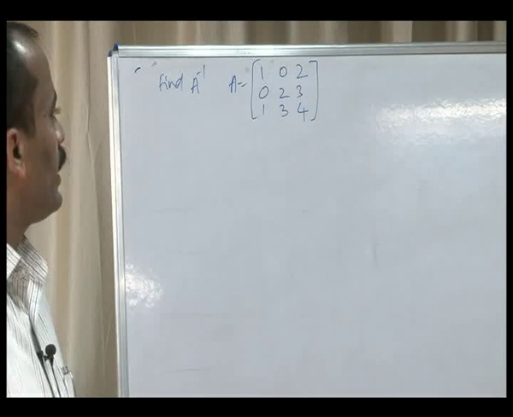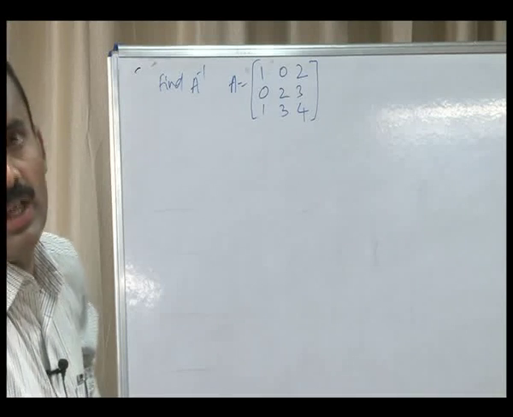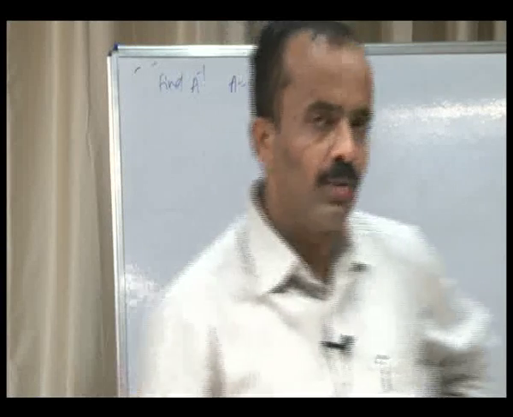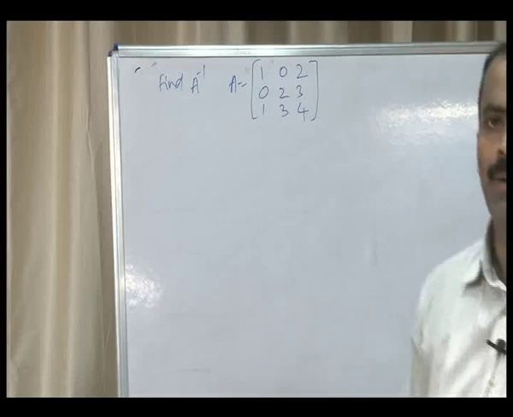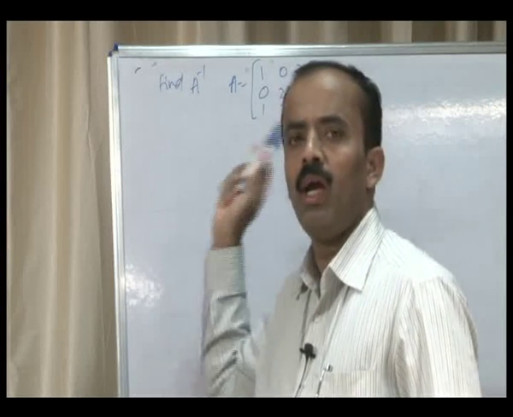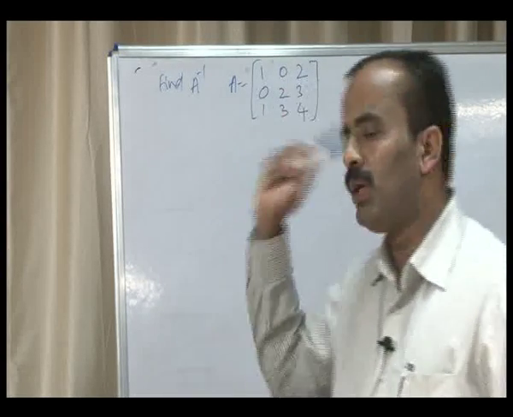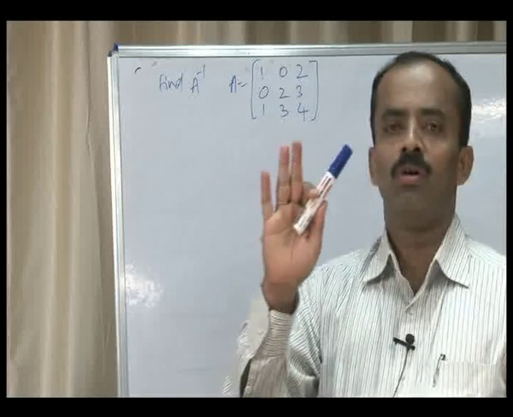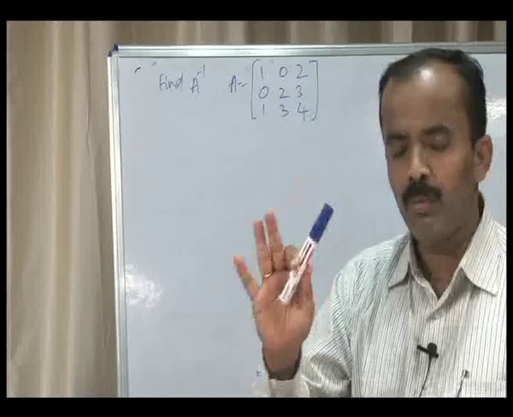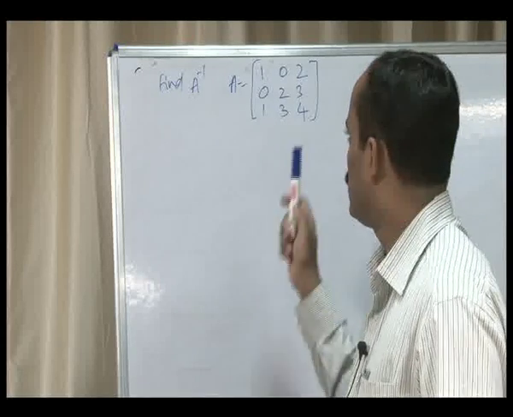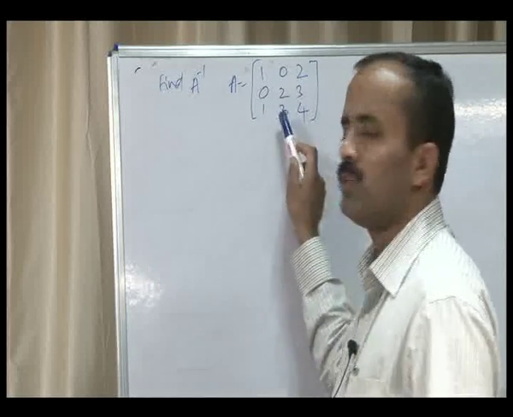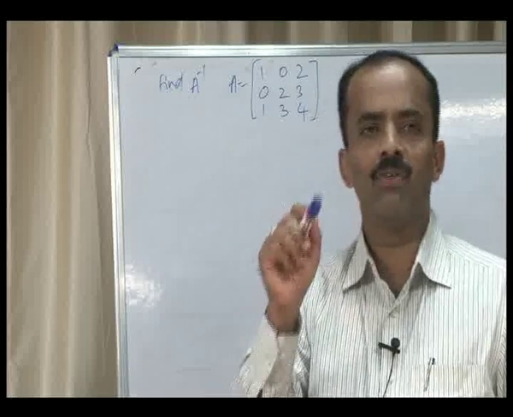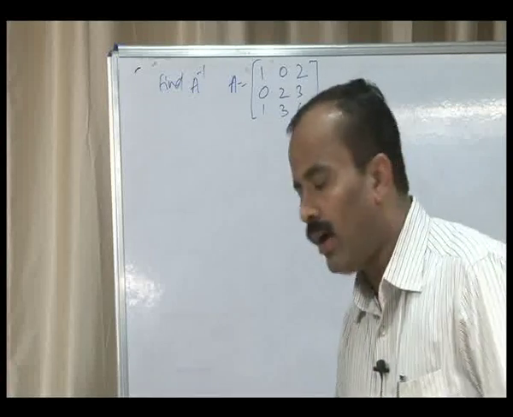See, inverse of the matrix is adjoint A by determinant A, adjoint of a matrix divided by determinant of a matrix. But determinant of a matrix should not be equal to 0, because if delta A becomes 0, then A inverse does not exist.